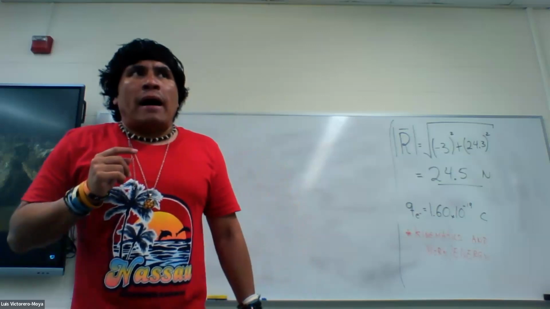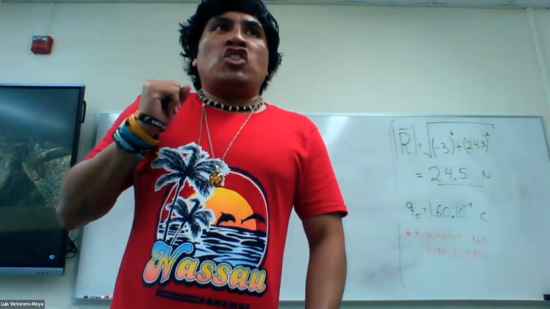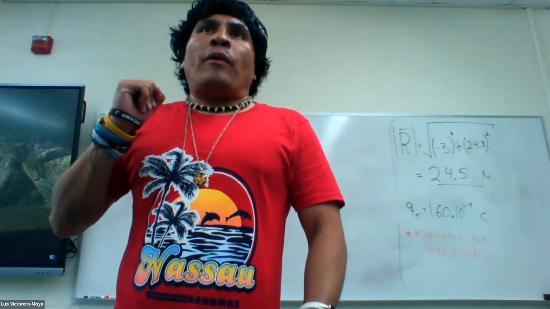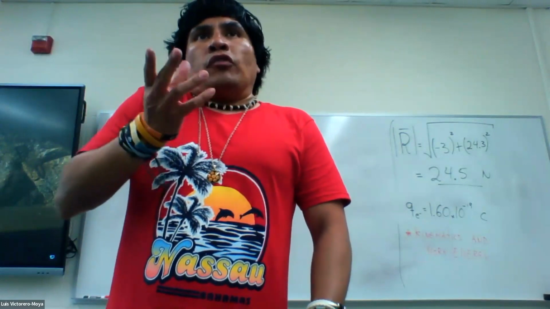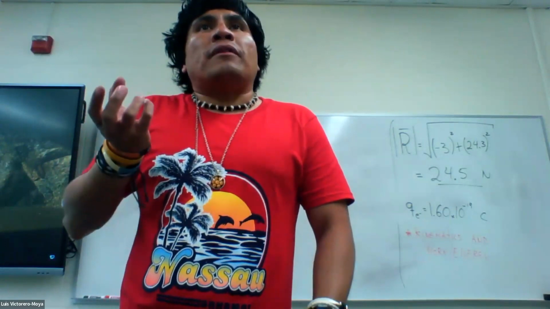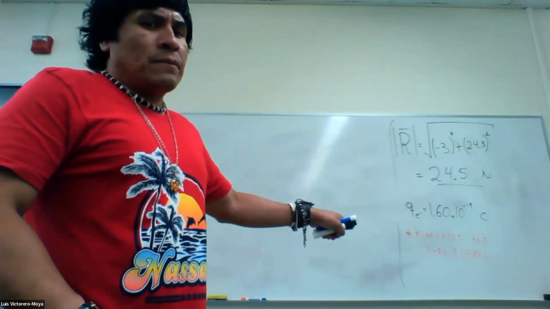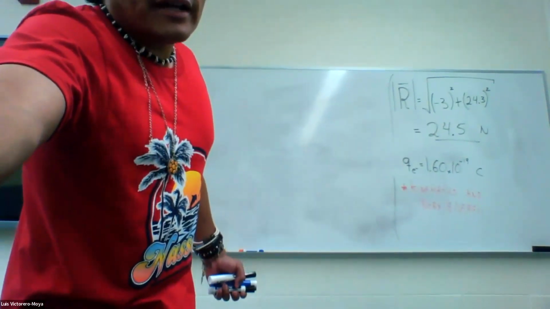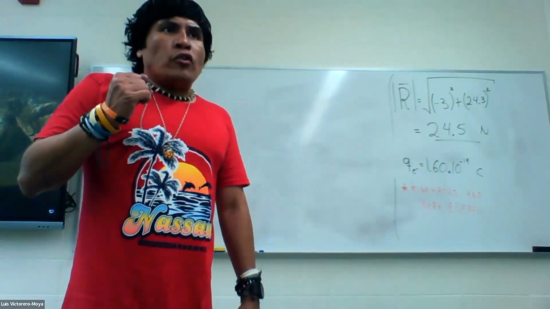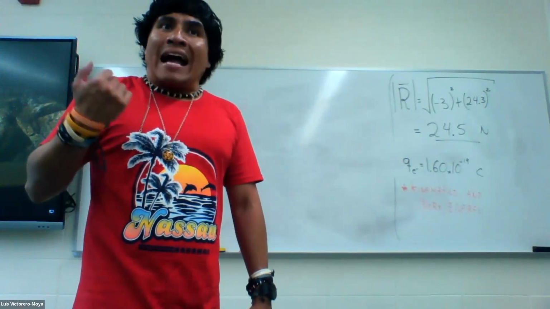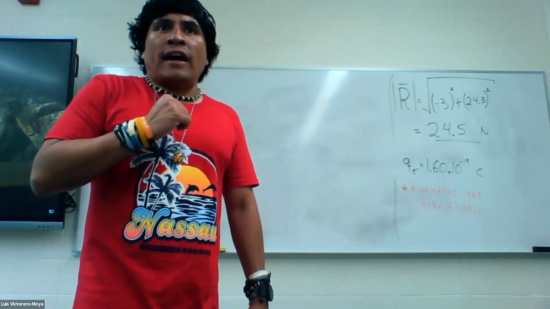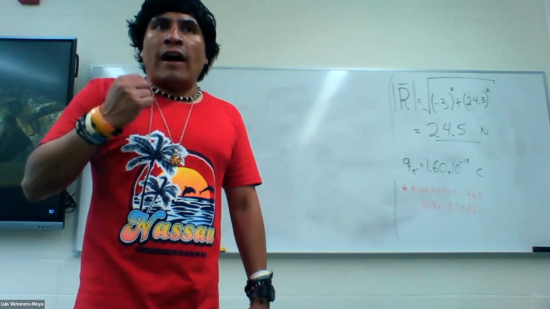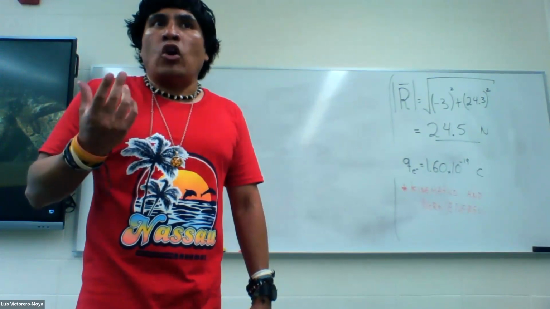Since we're talking about point charges, we are going to be using a lot of prefixes because we are dealing with very small numbers. Look at the charge of the electron, right? So since we're dealing with small numbers, right? We're going to be using micro and nano most of the times to list the value of the charge of an object.